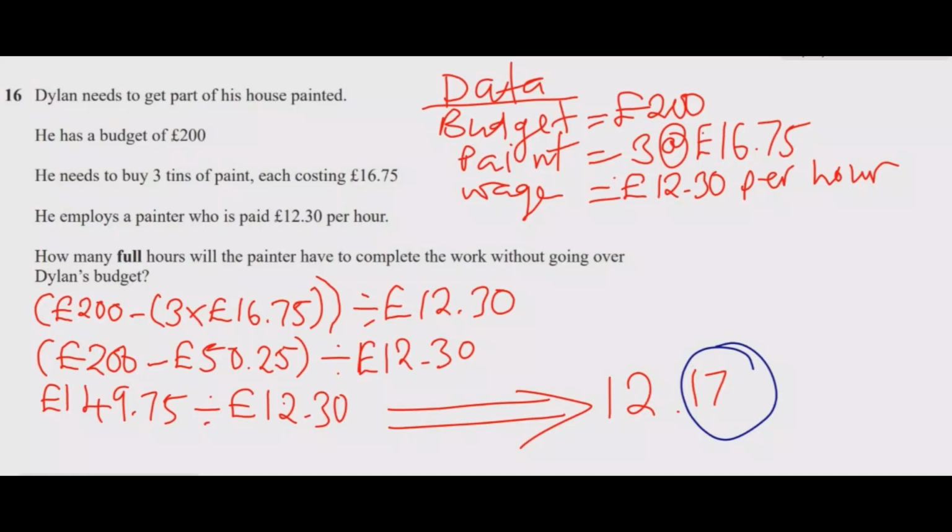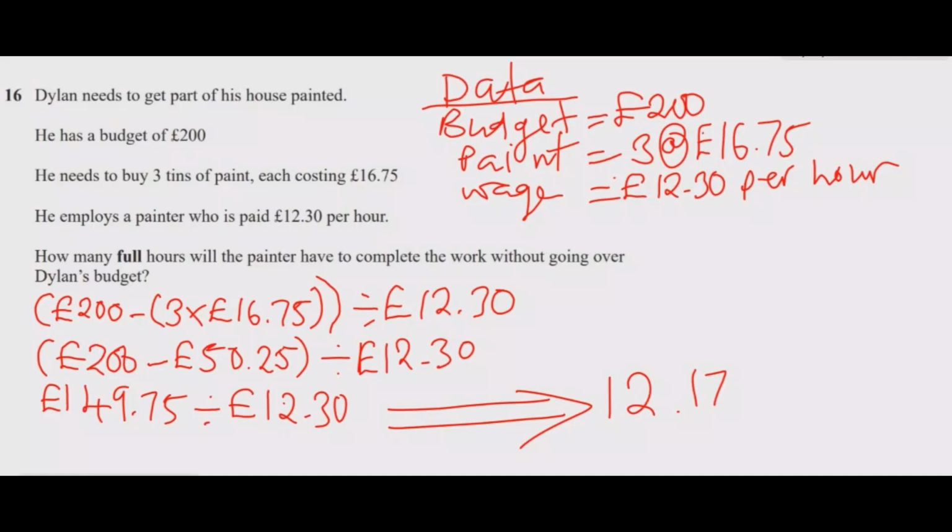The question is asking how many full hours, so the hours we write should be complete. That means we are going to ignore or round off this number. The next digit after the whole number is 1, so we are going to have just 12.